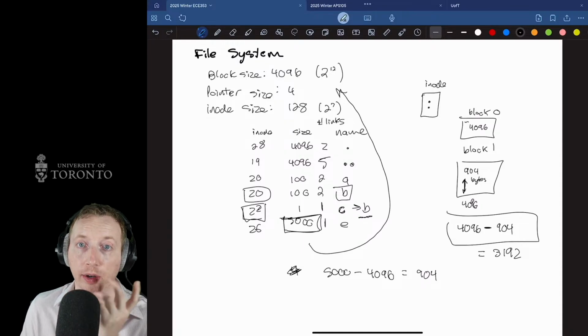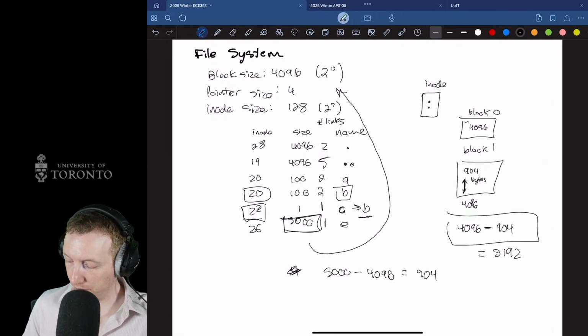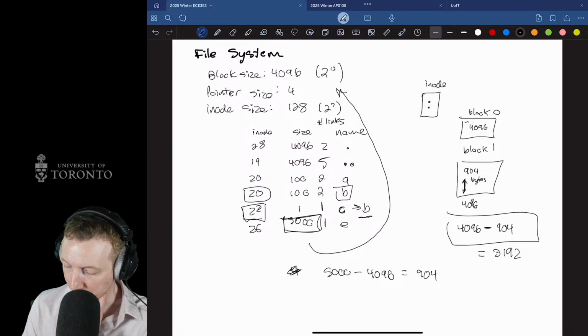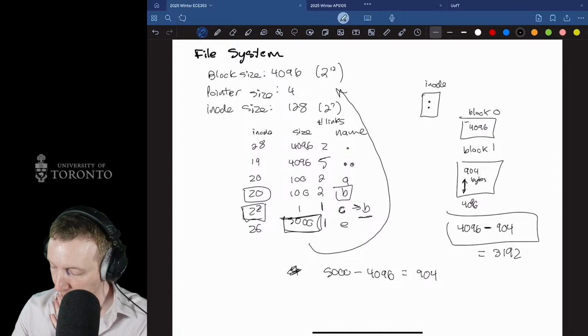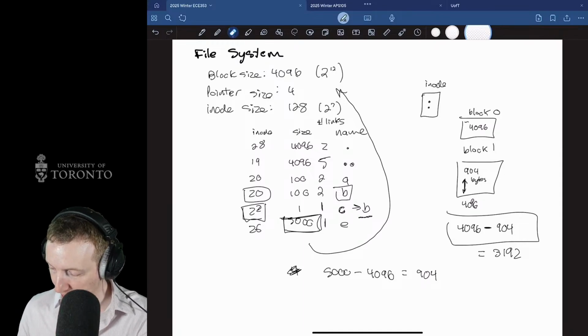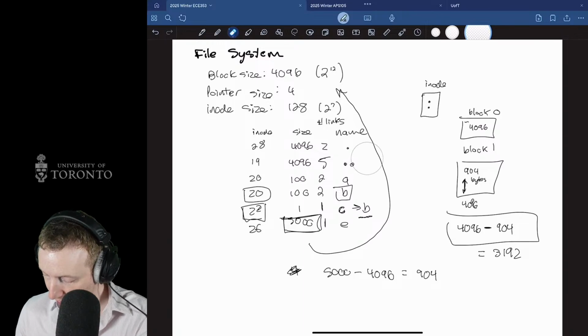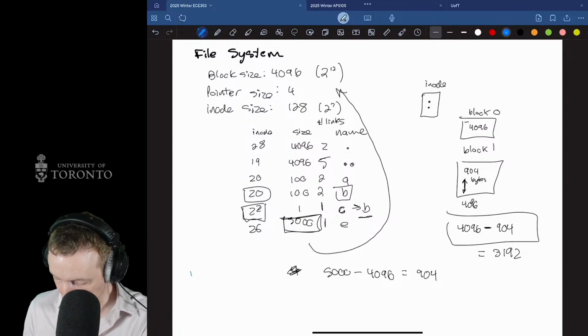So somewhere there has to be a link between dot dot and dot, right? So let's just give this directory a name. So let's just say inode 19, it's a directory.